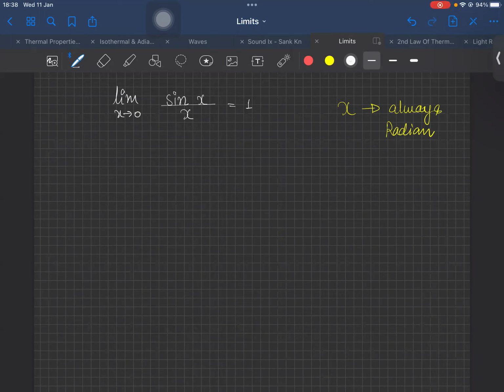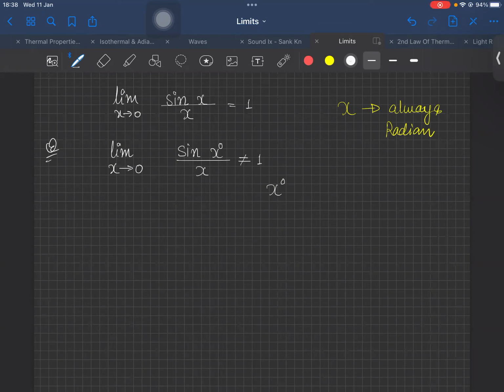Suppose in some problem, limit x tends to 0 of sine x degrees upon x is given. Here this x is in degree, right? So this is not equal to 1. First you have to convert this degree into radian.